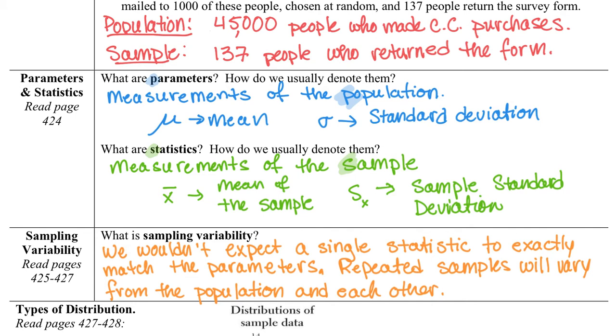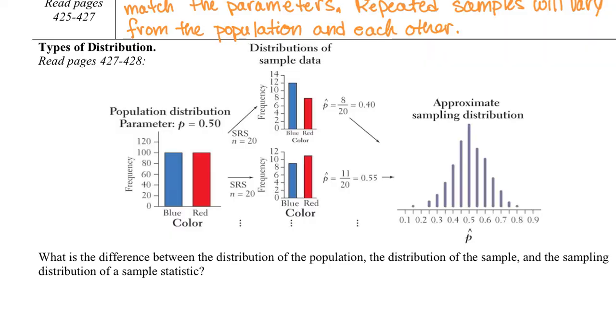All of that change from the actual population is what we call sampling variability. In these graphs, you can see a visualization of our population and our samples, and then a sampling distribution, putting all of that variability together in a graph.